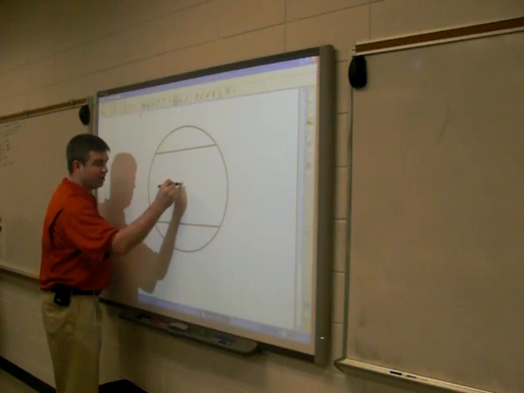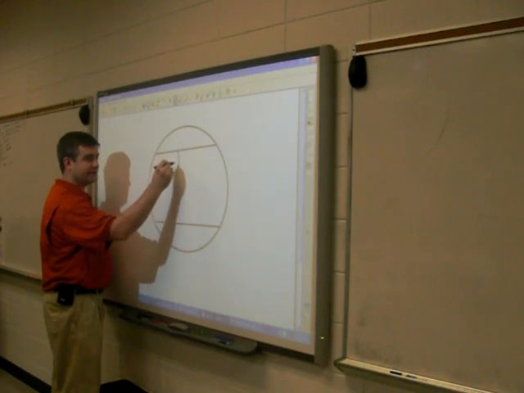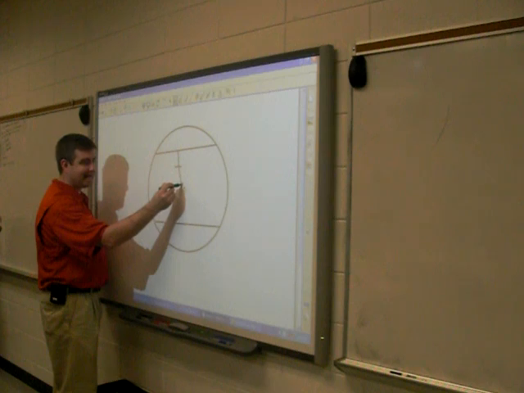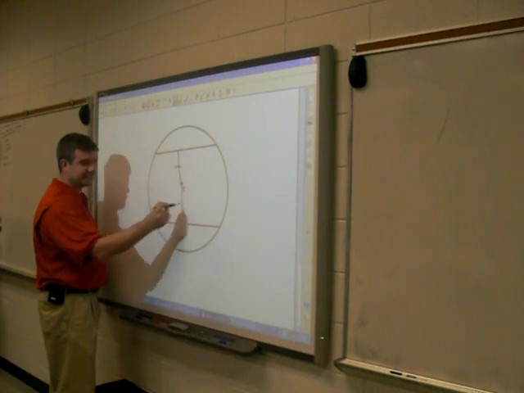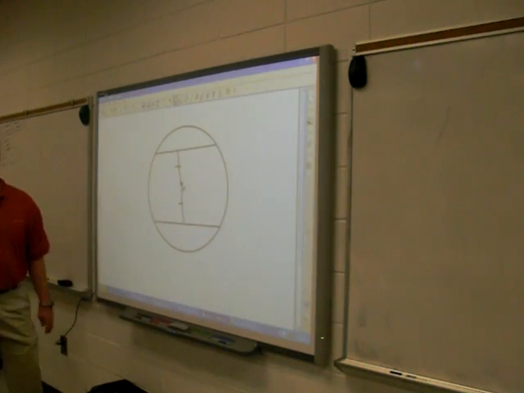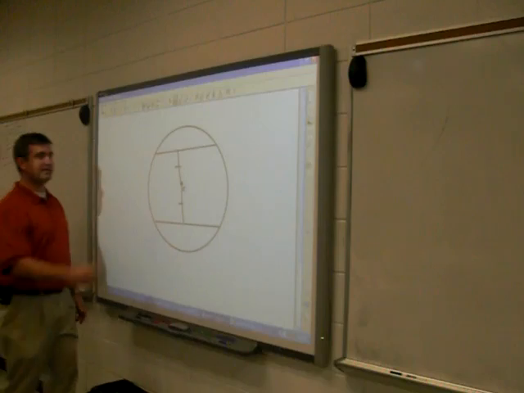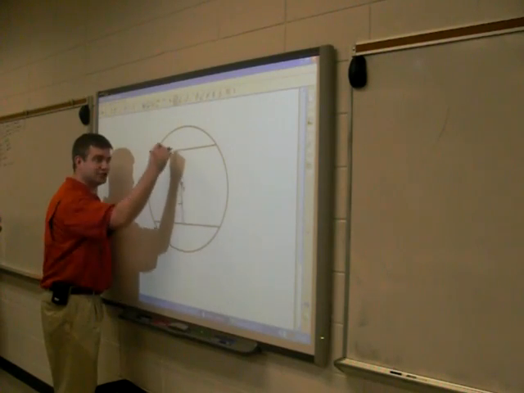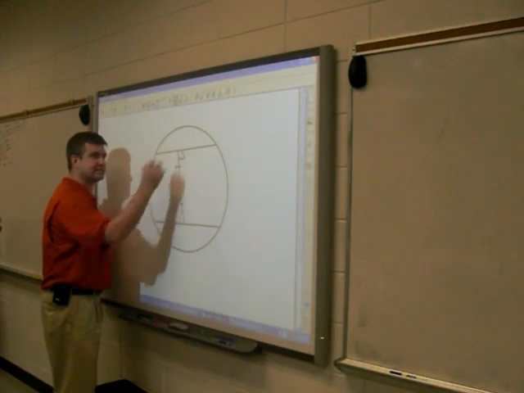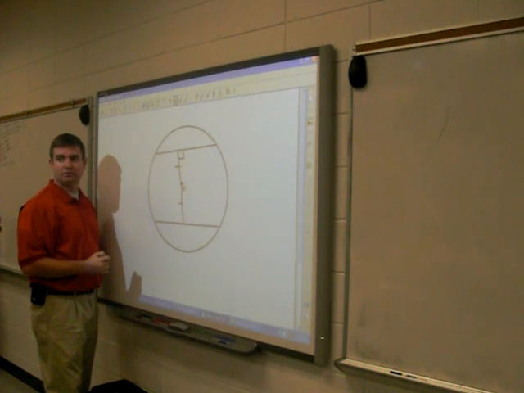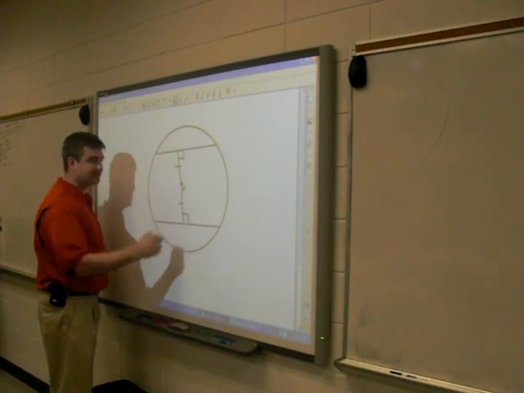The first part, obviously, is that the distance from the center has to be the same as this distance. That's intuitive. The part that's unusual that you may not be familiar with is that this short line, the shortest distance, has to be at a right angle. And this one has to be at a right angle.